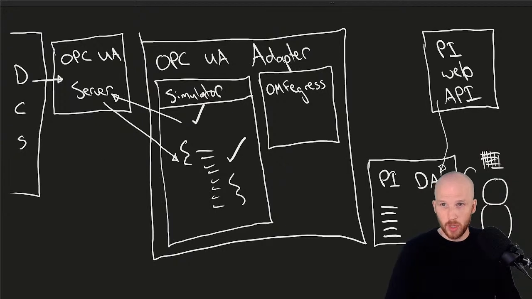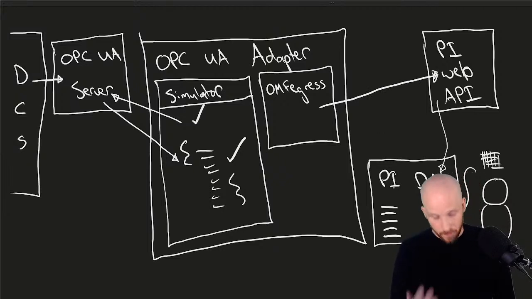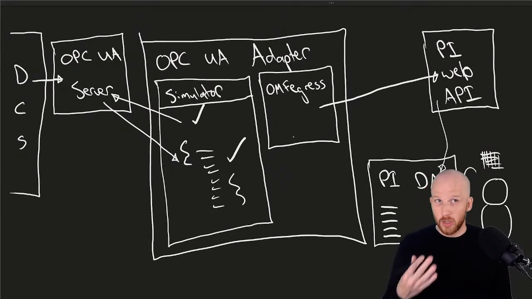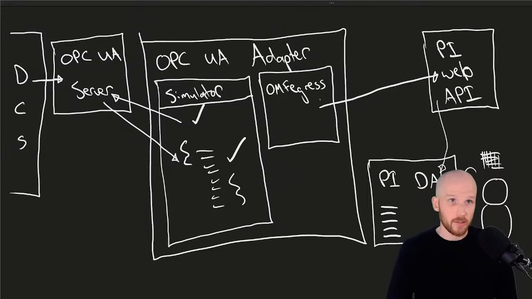Now, we're configuring this OMF egress to write out to our PyWeb API. Now, another nice thing about adapters is they don't just support writing out to the PyData archive, also other data stores. So this, if we wanted to, could write out to Azure Data, to Aviva Data Hub, or to Edge Data Store.